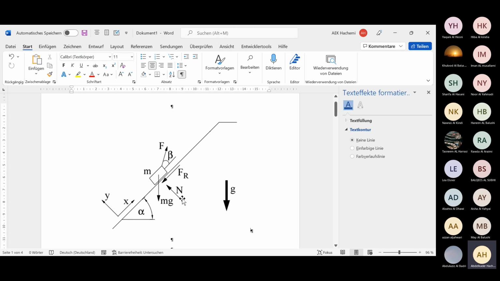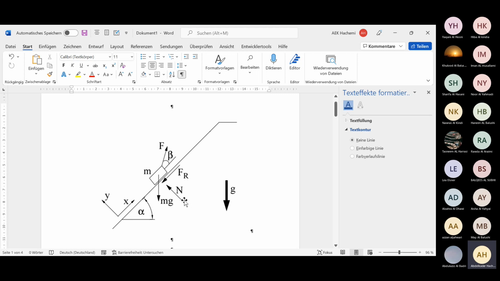For the static case, it's clear: we only have to make the projection of this force F along the X and Y directions, and of the weight mg along Y as well as along X, and make the equilibrium along the Y axis.